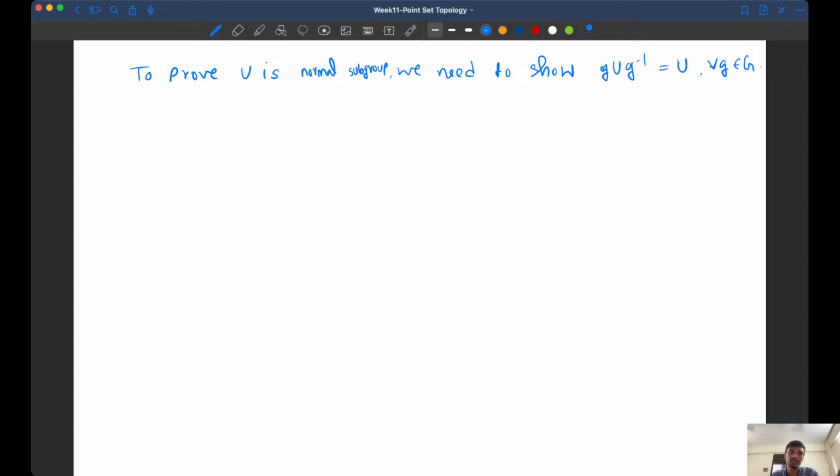So that means if I consider this map, that is just the conjugation map. If I consider, for fixed g, that is for any g, this C g conjugation map from G to G, which sends, let's say, x gets mapped to g x g inverse.